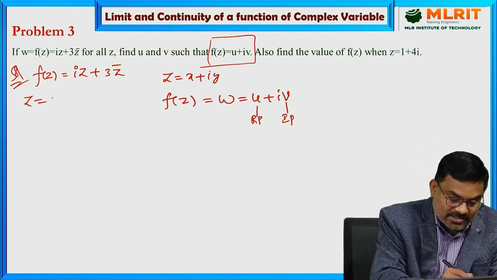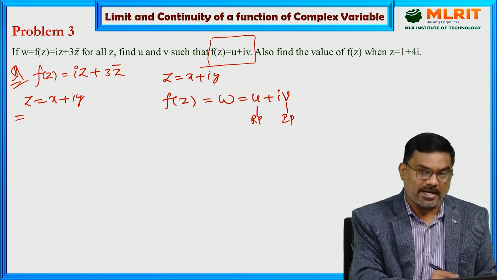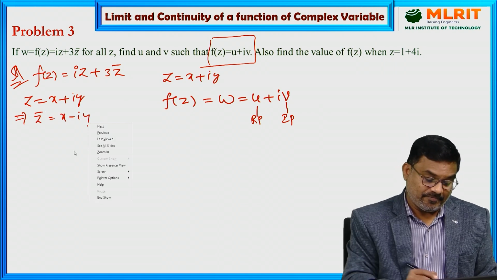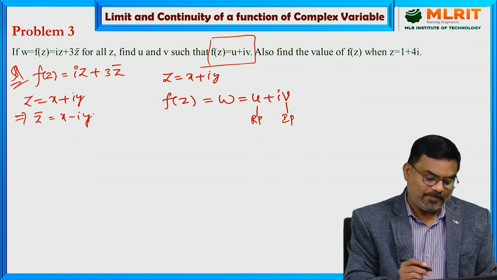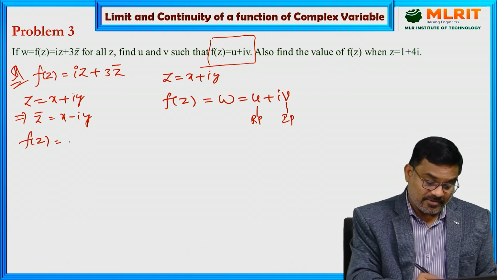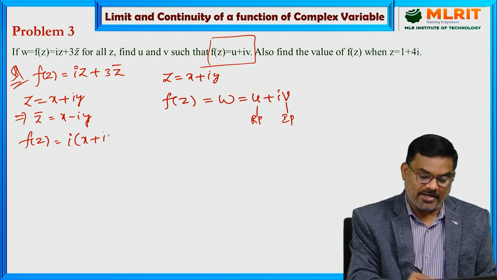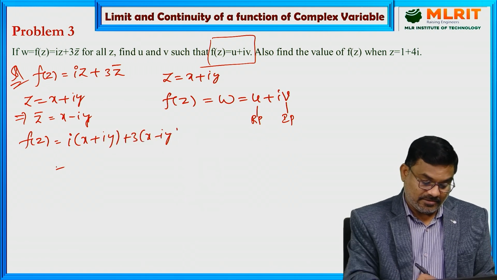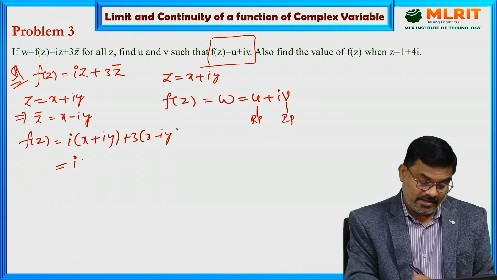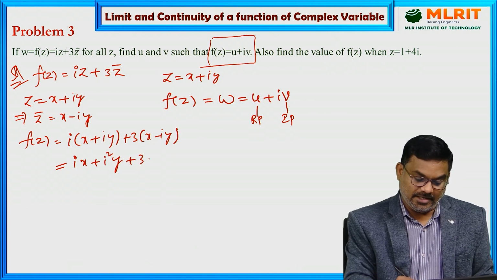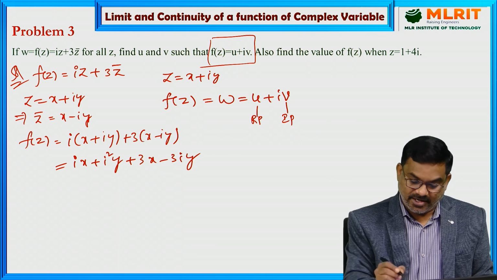So z is x plus iy. That implies what is z bar? x minus iy. Replace i by minus i. Now substitute these two in the given. So i into (x plus iy) plus 3 into (x minus iy). So this is i into x plus i square into y plus 3x minus 3iy.